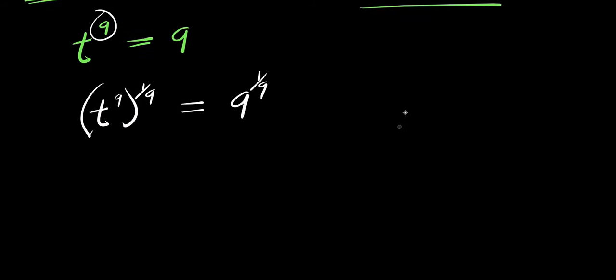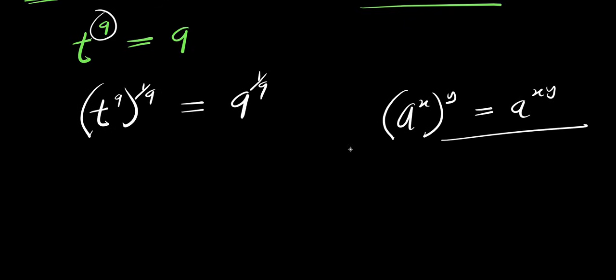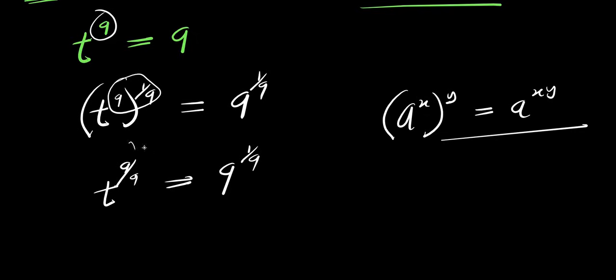And from here, if you have a^x raised to the power of y, this equals a^(x times y). So I can multiply this out. I'll have t^(9 times 1/9) = 9^(1/9). So 9 divided by 9 here is 1. I have t = 9^(1/9).